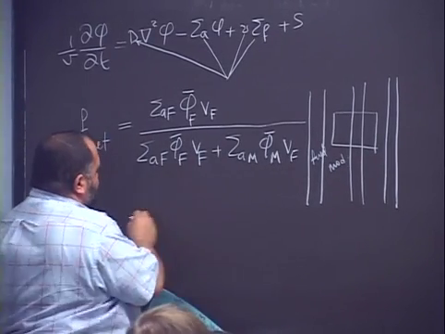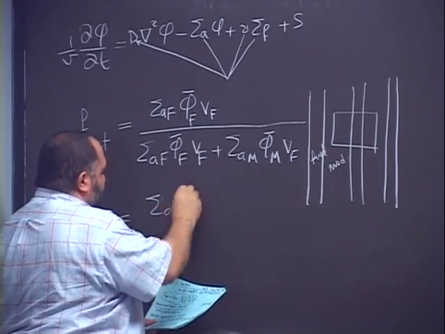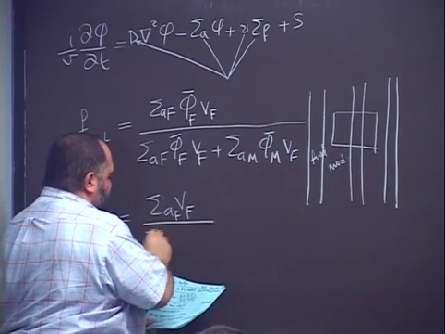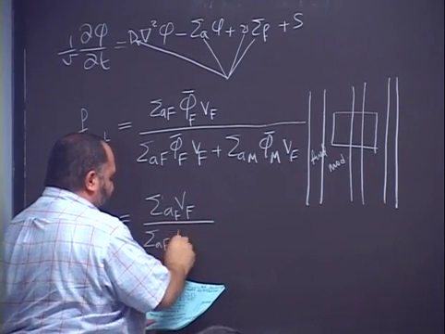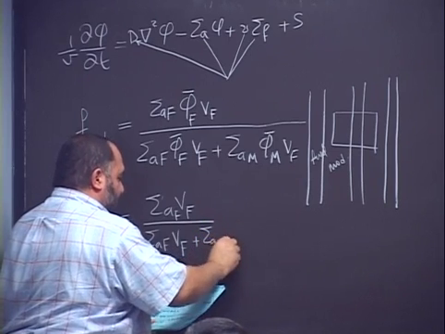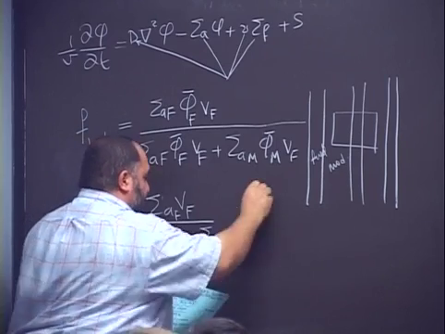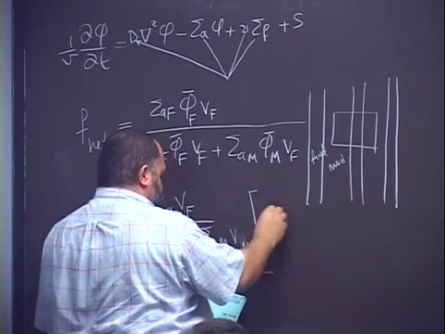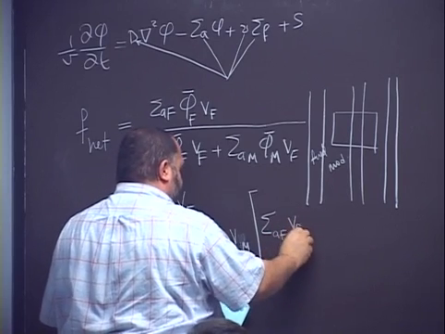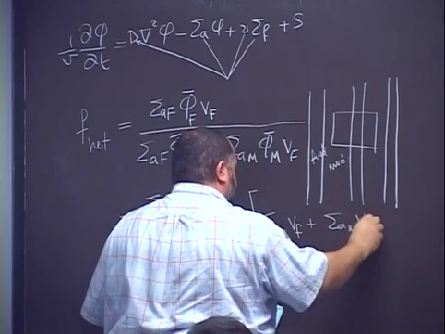Then last time we showed that this is equal to sigma absorption in the fuel multiplied by the volume of the fuel, divided by sigma absorption in the fuel, volume of the fuel, plus sigma absorption of the moderator, volume of the moderator. And all of this will be multiplied by sigma absorption of the fuel, V fuel, plus sigma absorption of the moderator, V moderator.